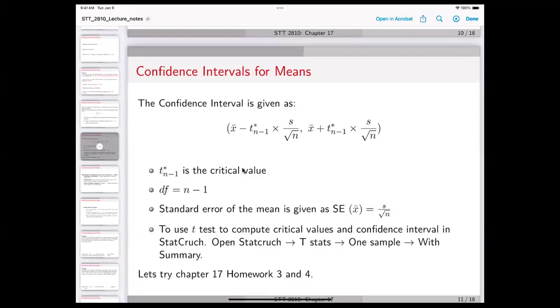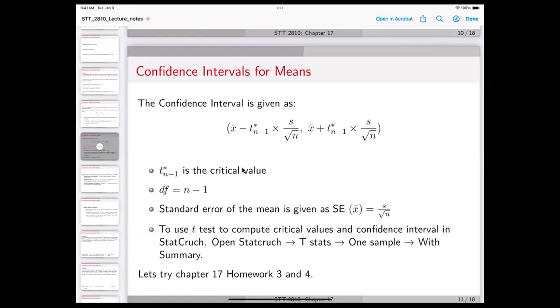Or if we are supposed to use the sample standard deviation, then we have to use the t-test and not the z. We also learned how to compute the critical t value. And I remember we did homework 3 and then 4.